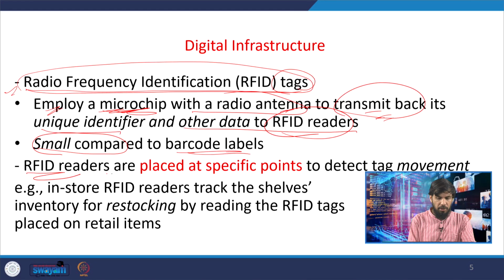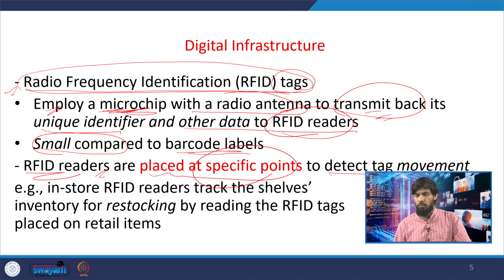RFID readers are typically placed at specific points to detect tag movement. There is another important benefit. Retail stores, fashion stores, jewelry stores and other stores, which apart from other items also have certain high value items on their shelves, find RFID tags and readers very important for detecting movement.